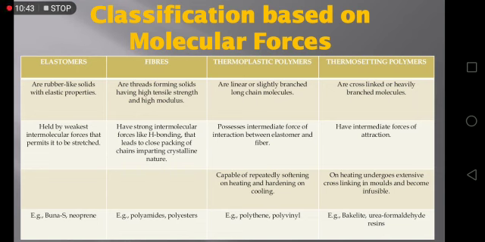The examples are given here. Thermoplastic, for example, polythene, polyvinyl, and thermosetting, bakelite and urea formaldehyde resins. Some of the examples may not be familiar, so don't worry about it. We are going to study their reactions in detail later in the chapter.